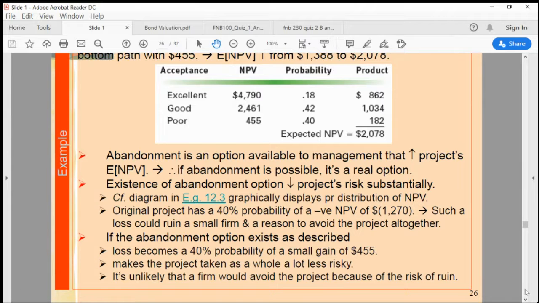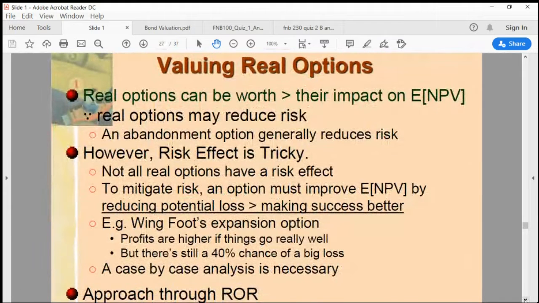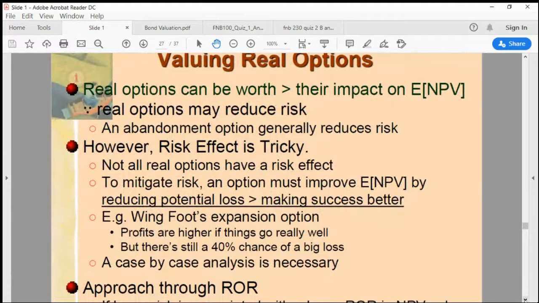All righty. So we already know how to value the real option. Basically, the value of the real option is the expected net present value with the option minus the expected net present value without the real option, right?